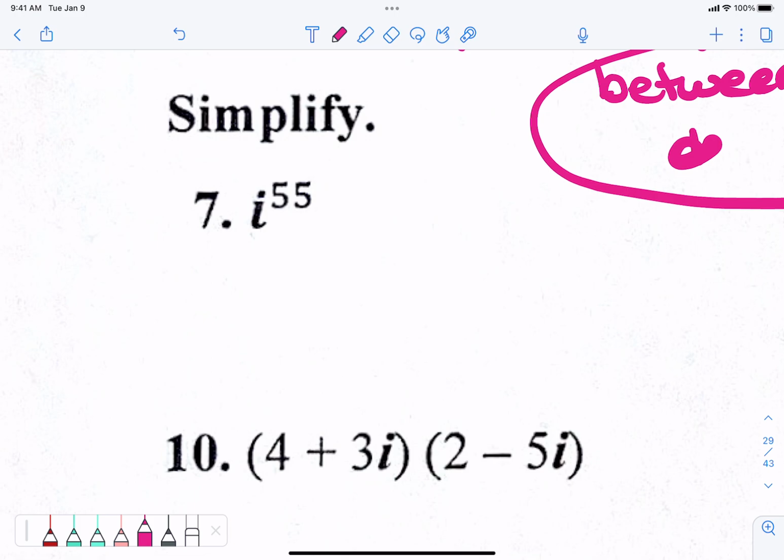I don't know what i to the 55th power is, but I know what i squared is. You remember what i squared was? i squared is negative 1. Now, how many times do you take i squared times itself to get something close to 55?